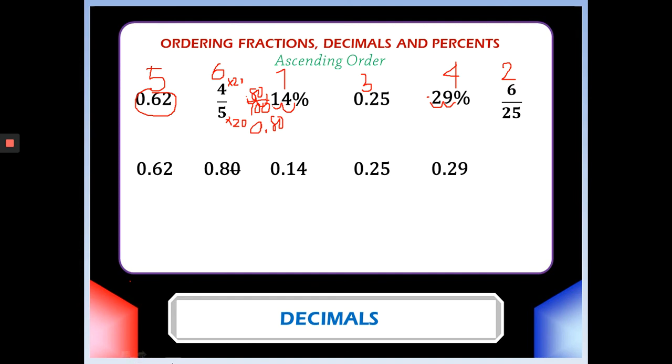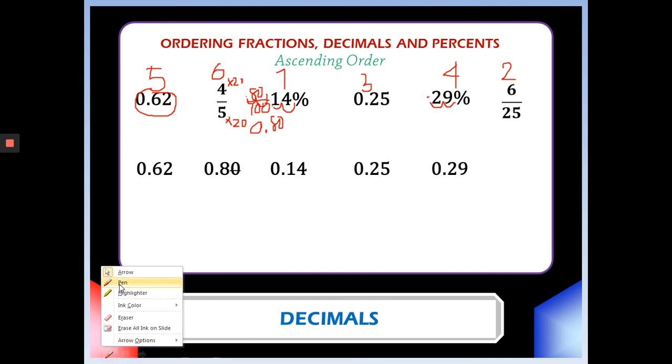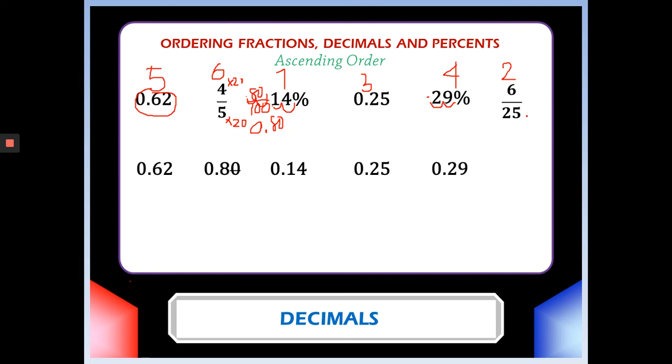And then the last one, you will multiply this by 4 to make it 100. And then 6 times 4 is 24. So 24 divided by 100 is 0.24. All right. Now let's see if our answer is still the same, which is the first one here, the smallest.